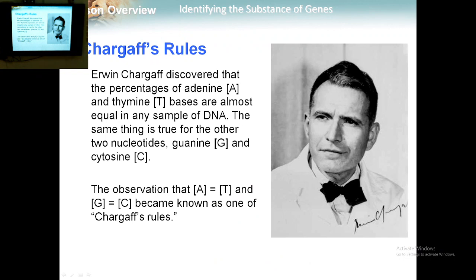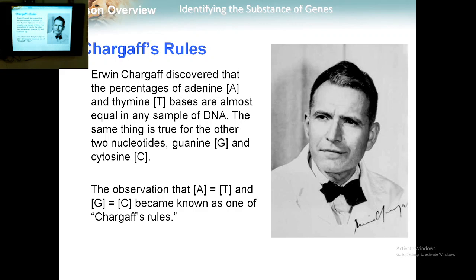The first one who tried to understand the structure of the DNA was Erwin Chargaff. He discovered that the percentages of adenine and thymine bases are almost equal in any DNA sample. At the same time, he discovered that guanine and cytosine also have the same percentage.